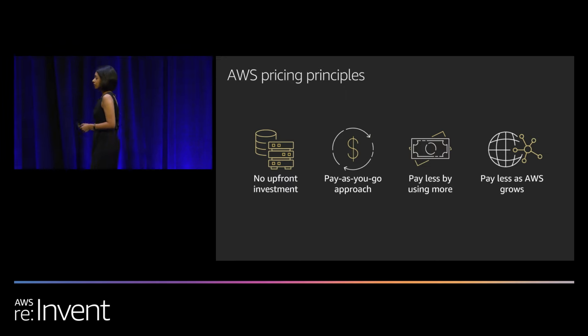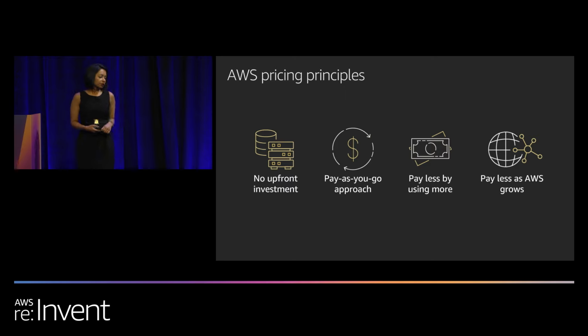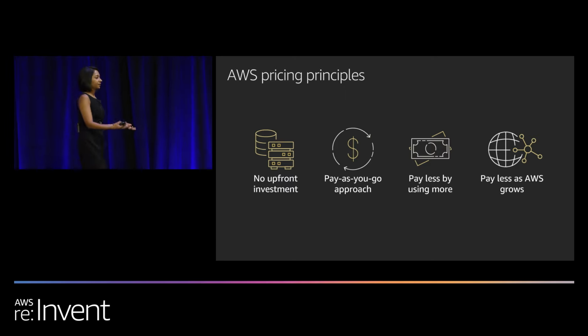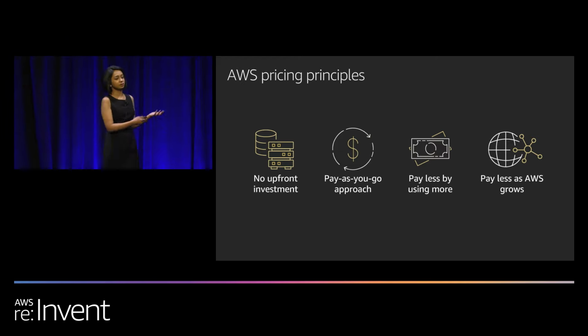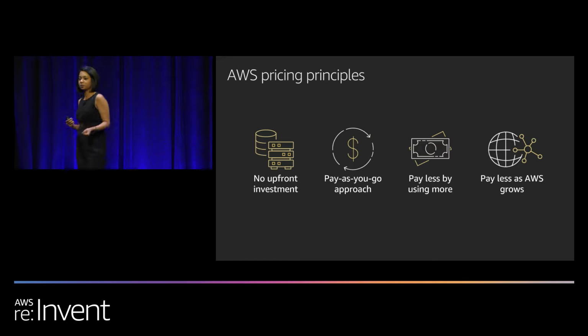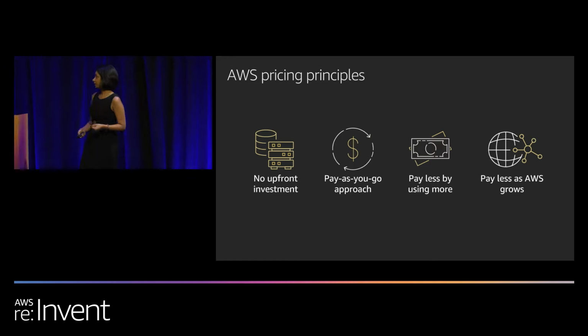So you're saving cost. You have no upfront investment, which means you can innovate faster. The third one here is as you use more and more of S3, we have inbuilt volume discounts. So the more you use, the cheaper per object or per gigabyte unit it costs you to store in S3.